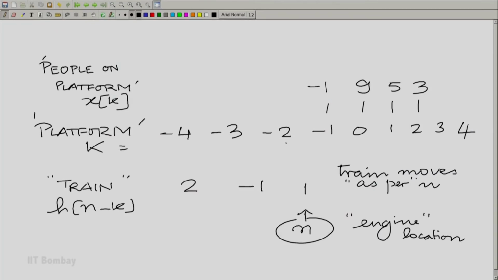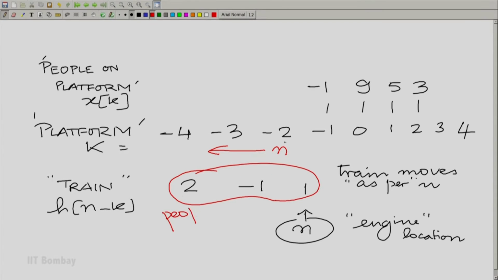So, clearly, you see at n equal to -2, there is nothing to be done, because when n is before this, there is no handshake at all. You have to visualize a situation where these are people inside the bogies. So, these are essentially bogies with people inside.